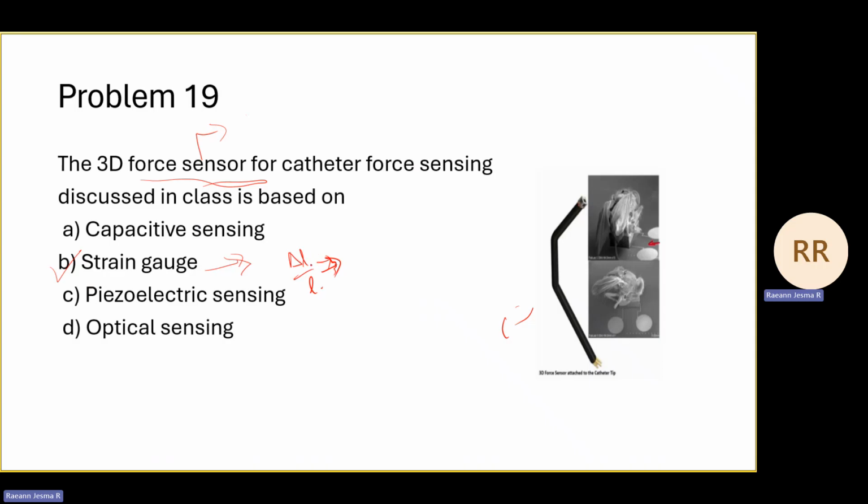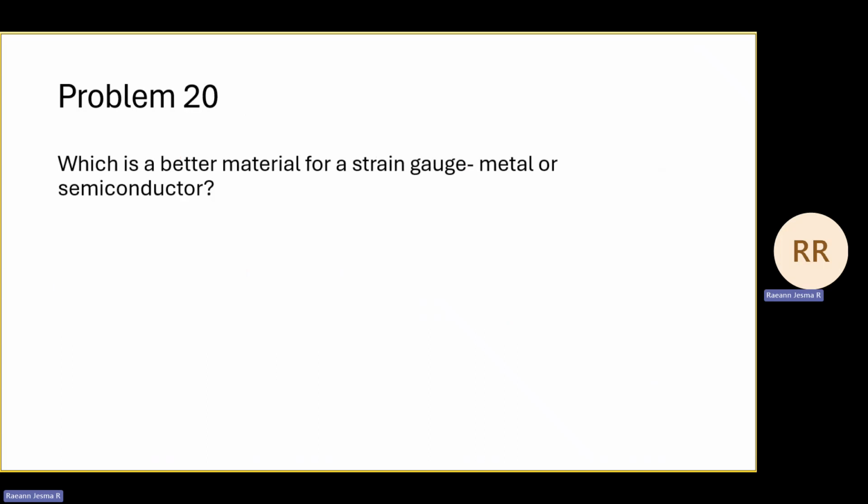It will convert force into change in resistance, and we can sense this change in resistance by connecting the resistors in a Wheatstone bridge configuration. So the correct answer for this problem is that for the force sensor we are using a strain gauge, where we are converting the force into change in resistance, or generally change in length of the material.